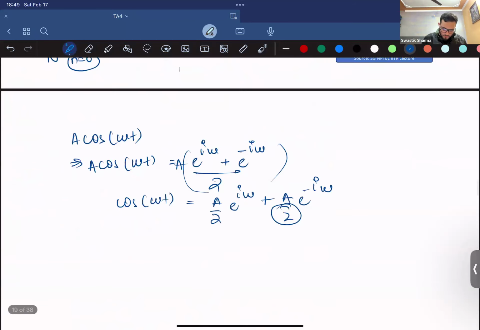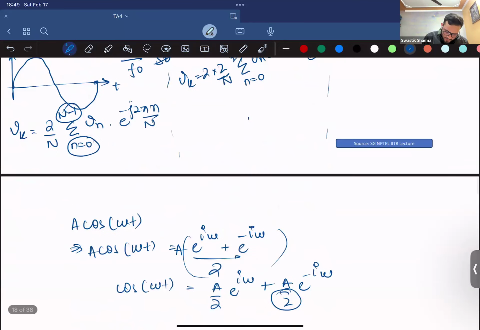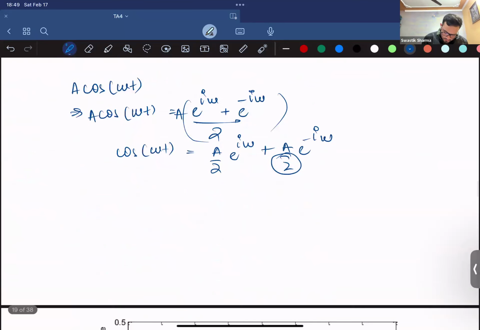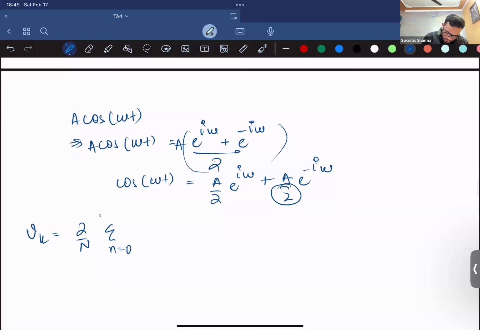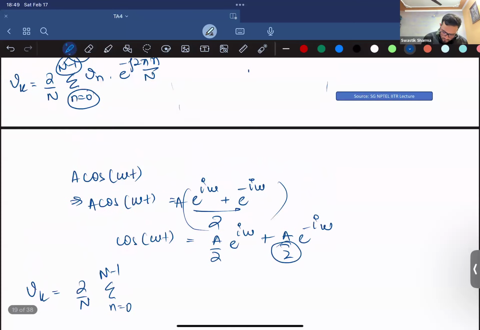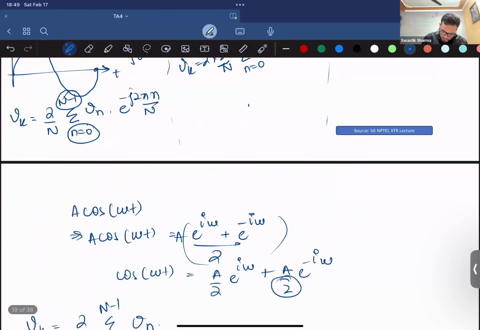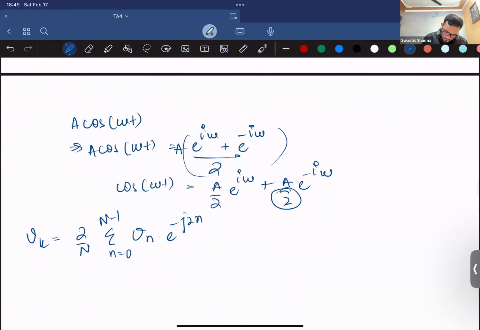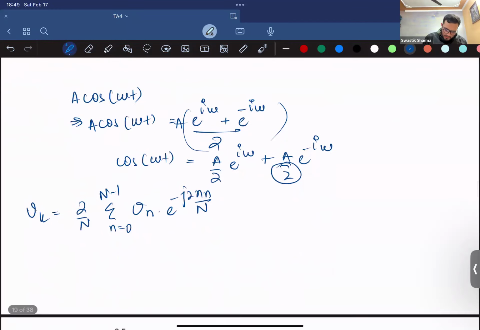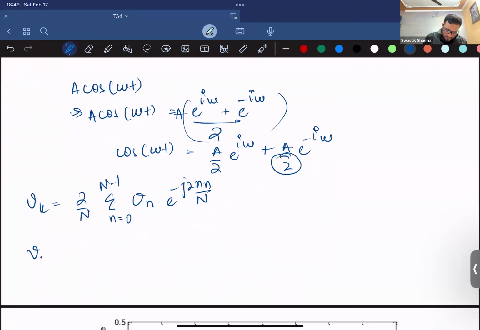So one thing I forgot telling. Can anyone tell me this signal in terms of cos and sine? How will it look like? I'll do it. So it would be two, your scaling factor is still the same.